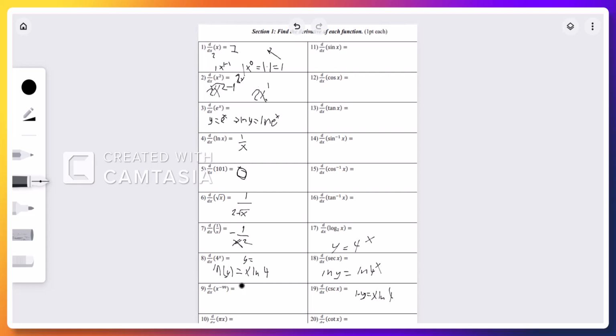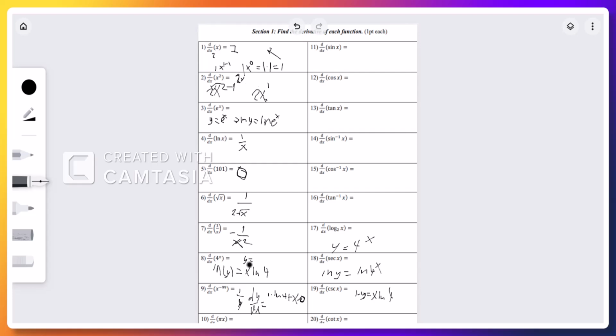Next, we're going to derive it. So we have 1 over y dy over dx equals the product rule. So first we're going to have 1 times ln of 4 plus x times 0, because this is a constant.